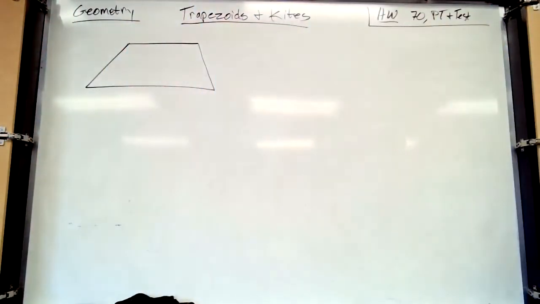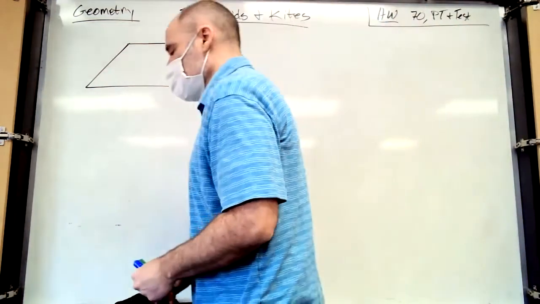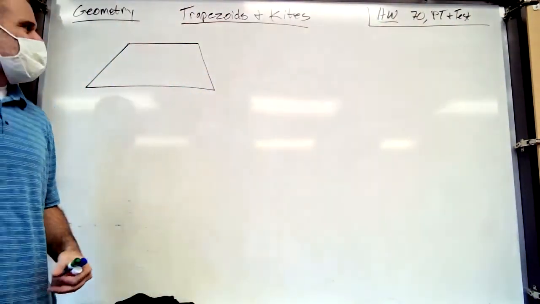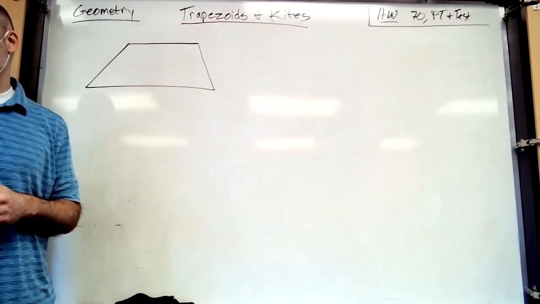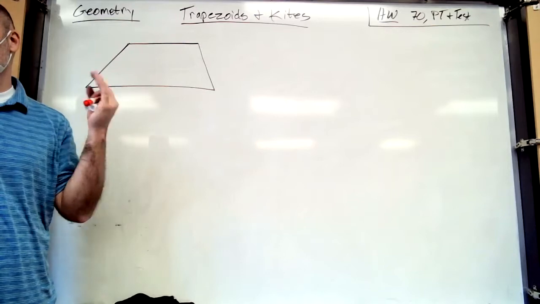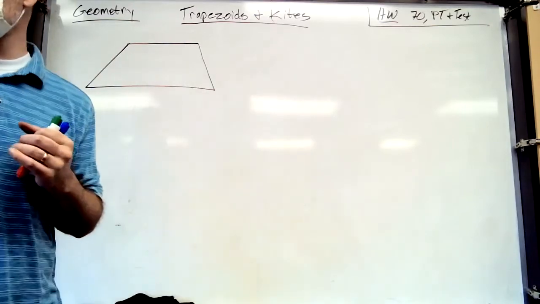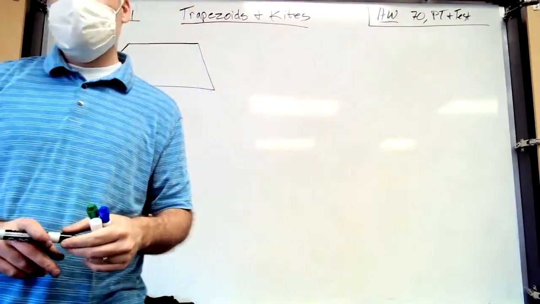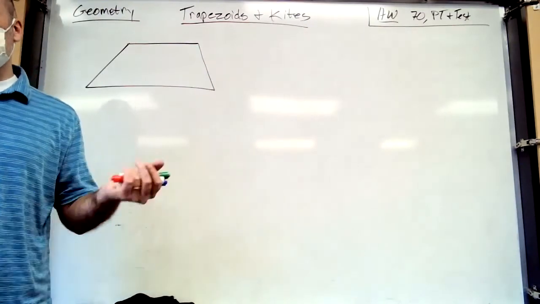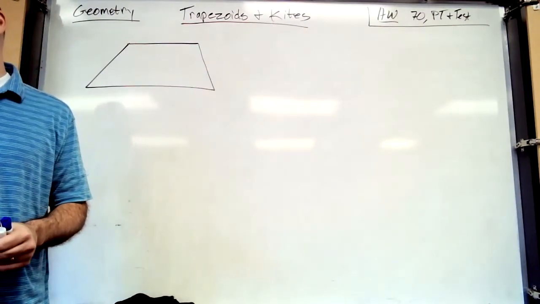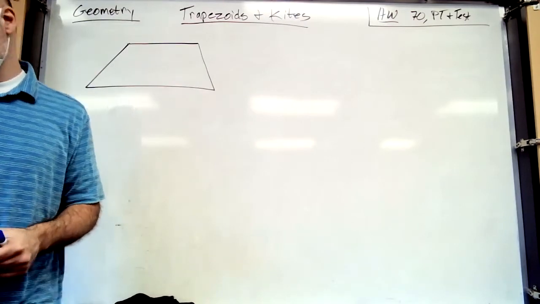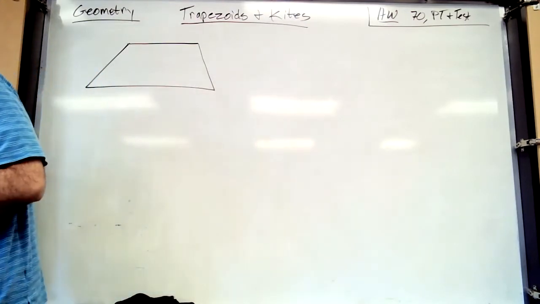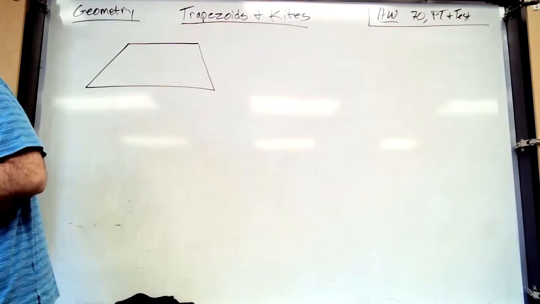Technically, depending on what math curriculum you're looking at, a parallelogram is a type of trapezoid, because the definition of a trapezoid in some textbooks is at least one pair of parallel sides. So a rectangle would be a trapezoid in that textbook. Does that sit right with you? I don't like it, but it depends on who you talk to.